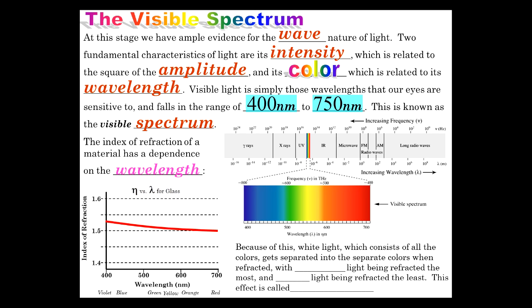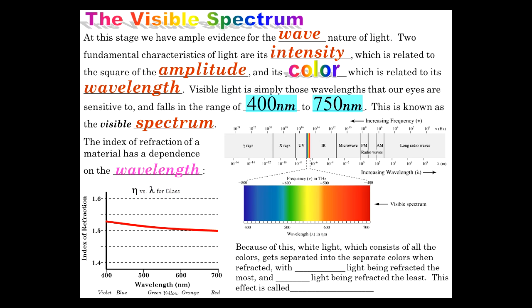So say for glass, at red, we would have 1.5 index of refraction. And that index of refraction goes up as we go through the various colors, from red to orange, yellow, green, blue, violet. So the index of refraction actually increases a little bit.